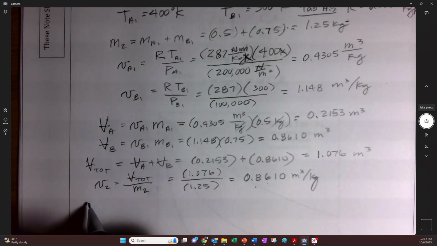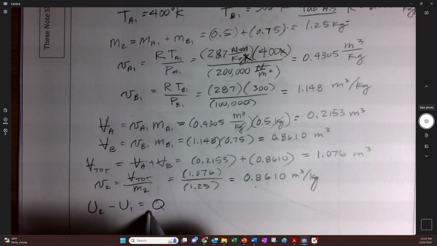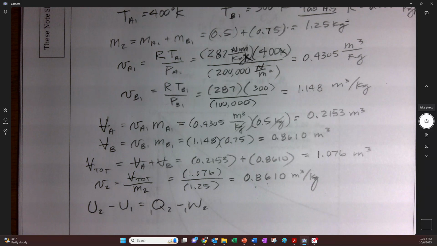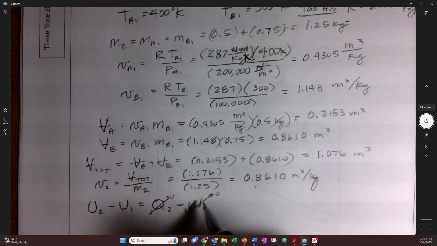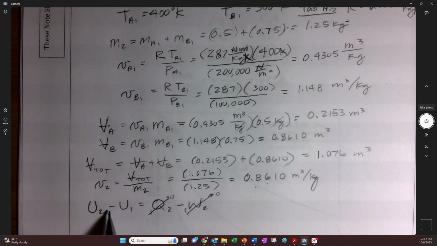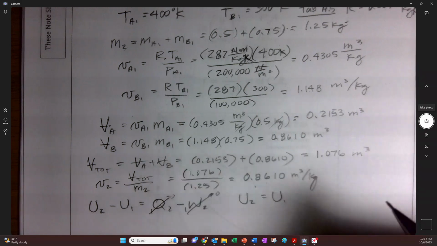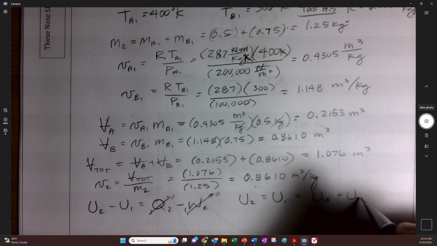All right, so we had U2 minus U1 is equal to Q1 to 2 minus work 1 to 2, right? So there's the energy equation, but we're going to say that it's insulated and it's a constant volume process. So all we're left with is U2 is basically equal to U1, which means it's also going to be equal to U1A plus U1B.